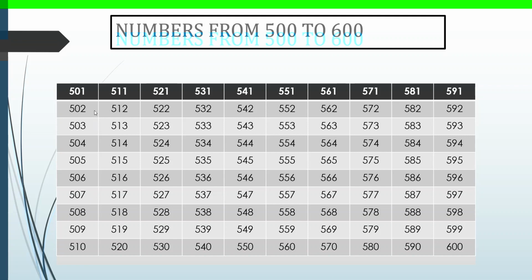Anyone can count the numbers from 501 to 510. 501, 502, 503, 504, 505, 506, 507, 508, 509, 510. Very good, students. You can read and count the numbers from 501 to 510.